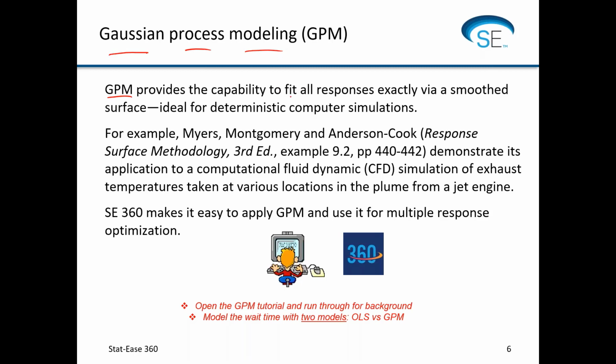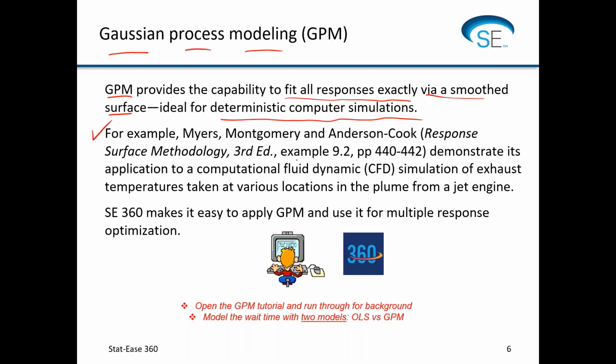Now, what this does is it fits all the responses exactly, but it provides a smoothing which you can vary with some parameters that you can adjust the amount of smoothing.